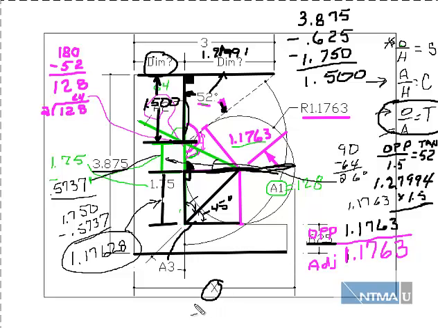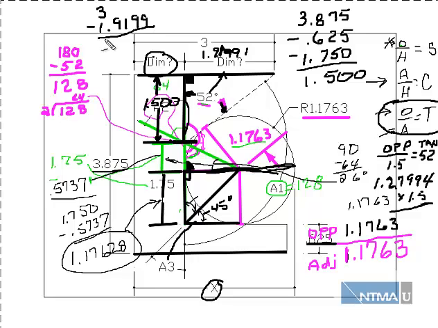All right? That should do it, guys. So let's go ahead and finish this out. We have 3 inches minus 1.9199.